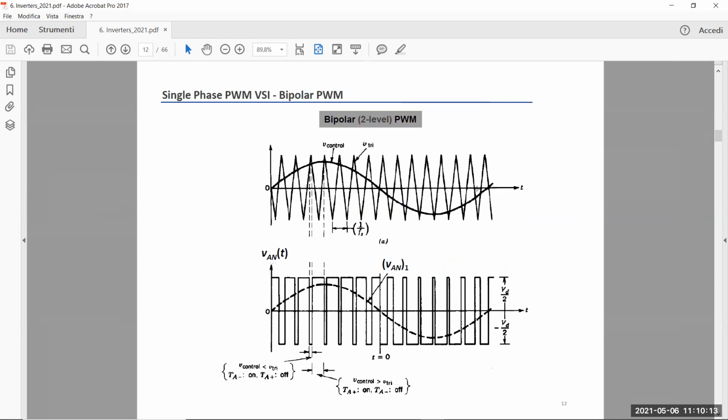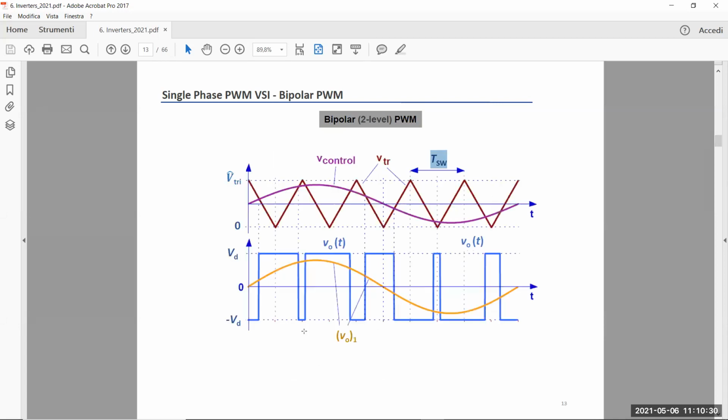The control voltage for the leg B is exactly the same, but now the generation of the unitary switching function is opposite, so you have to follow the opposite rules. It means that, for example, in the first interval you get 0 and not VD. When you get the difference between the two, you can obtain something like this.